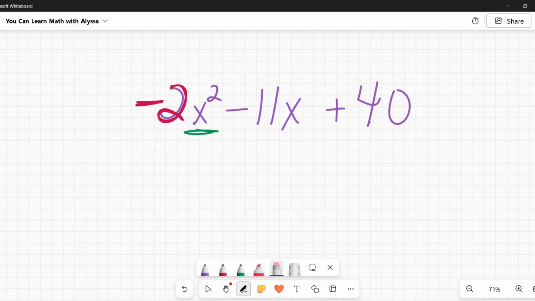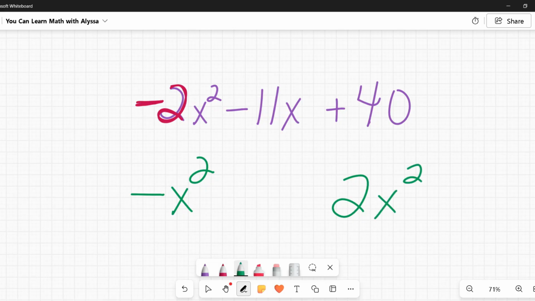So I have this negative 2 or negative 3, negative 4, whatever it is, in front of the x squared. How do I deal with this? You're going to use two skills which you may have already learned in algebra. The first is how to deal with a negative x squared. The other is how to deal separately with a positive coefficient greater than 1.